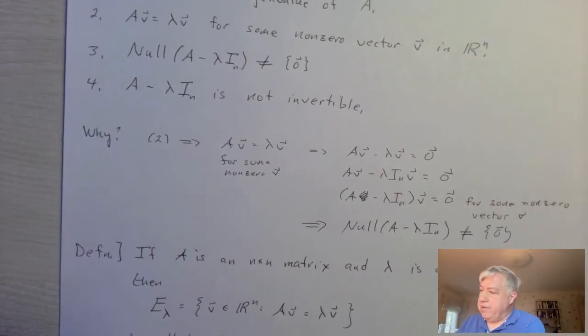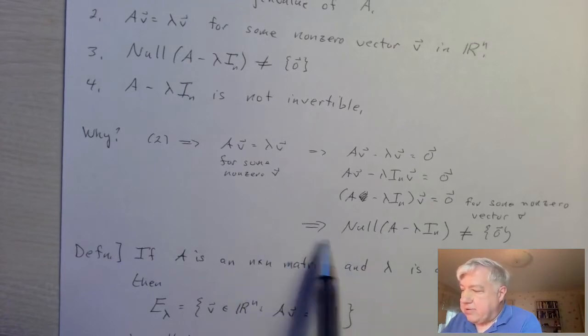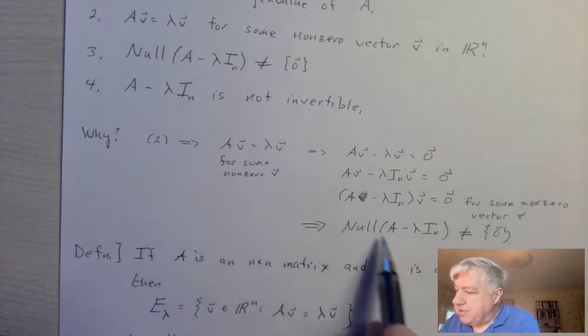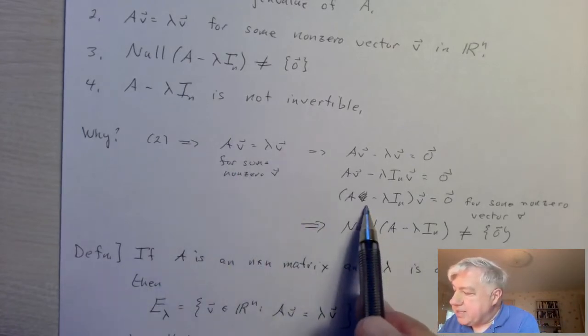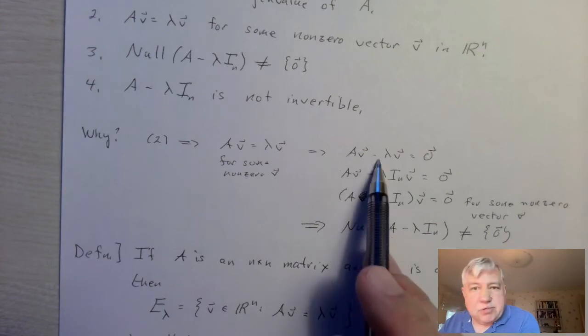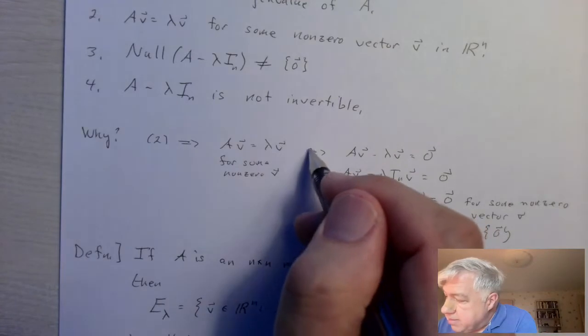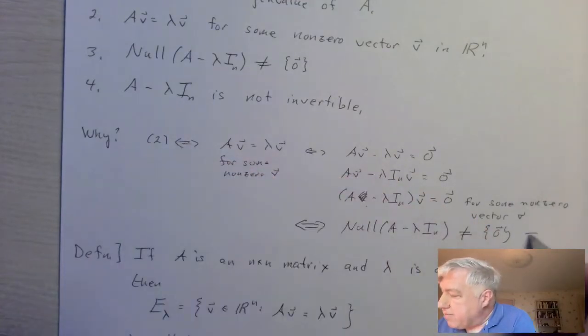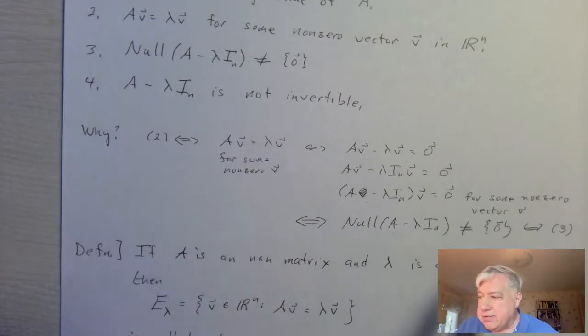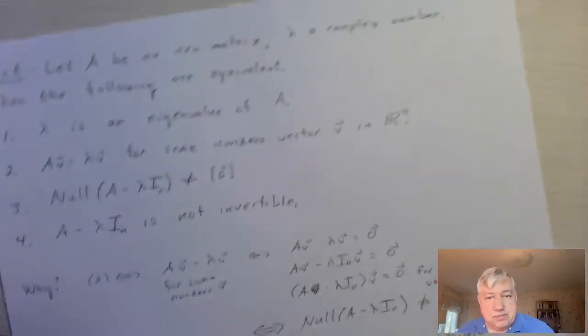Everything else, we can reverse directions. This implies this, which implies this, which implies this. So these are all equivalent, and 2 implies 3 and 3 implies 2, which basically proves this.